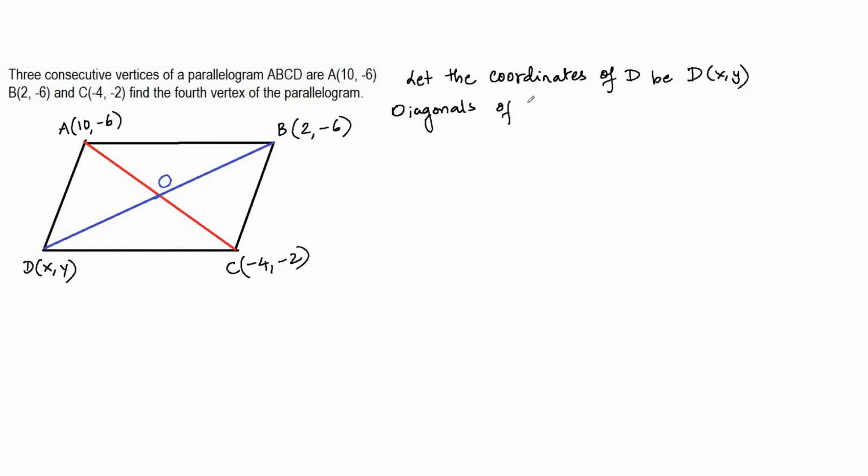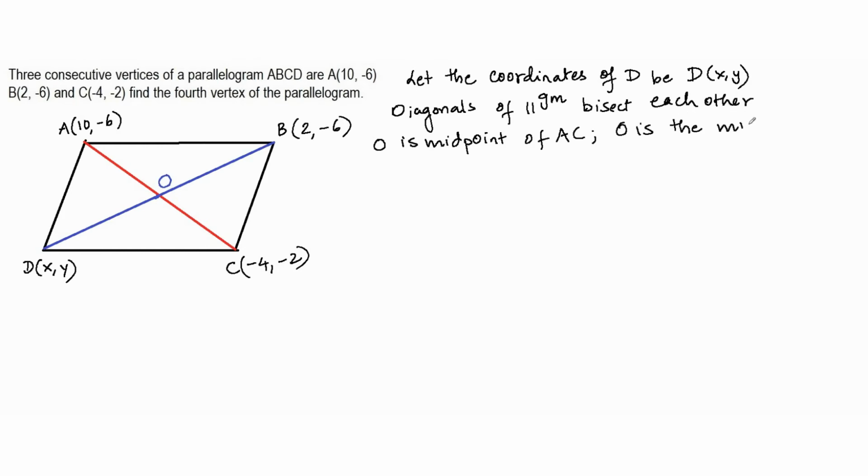Diagonals of a parallelogram bisect each other, which means that O is the midpoint of AC as well as the midpoint of BD, right?